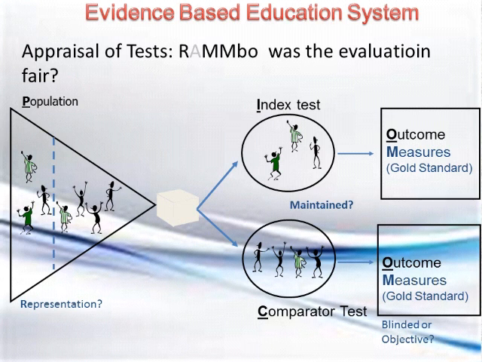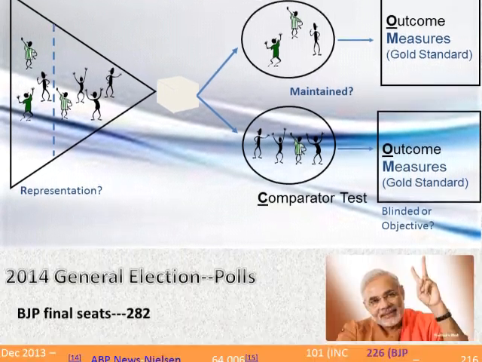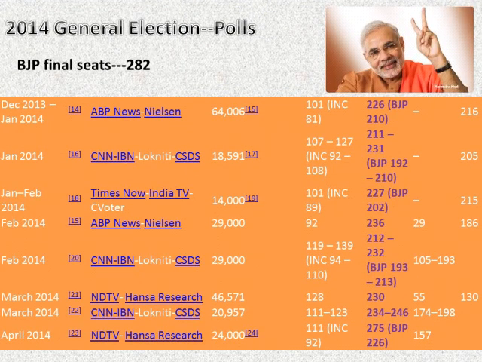In the index test, there are two of one kind and one of the other kind. And in the comparator, first of all, there are 4 in place of 3. So the outcome measures from this can become different, because ultimately you are taking percentages. So if the total number of counts in each of the tests is different, the results will be different.